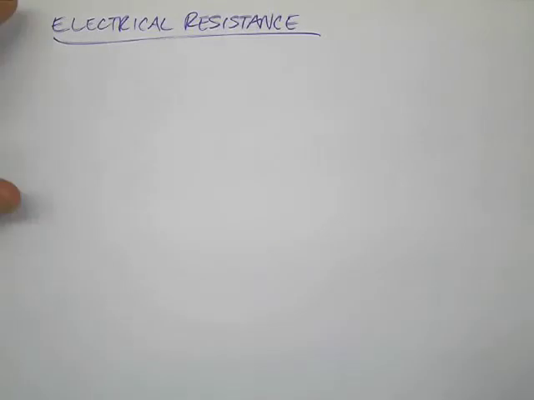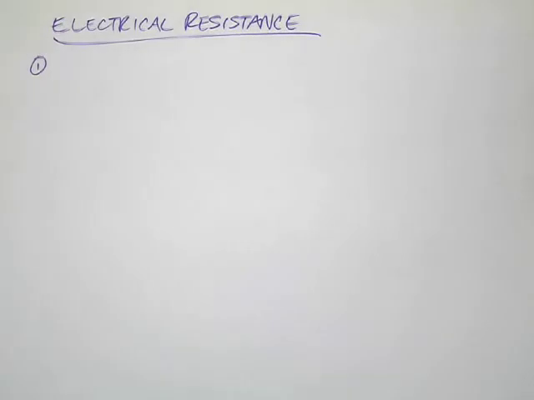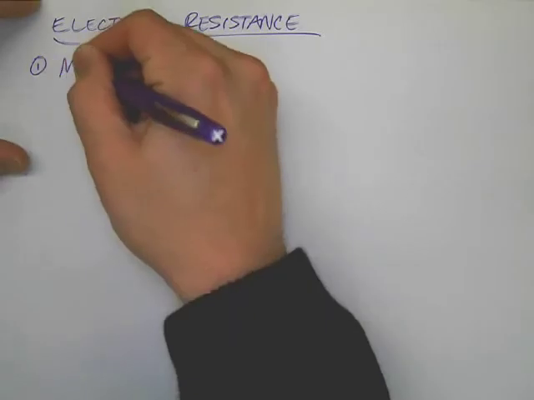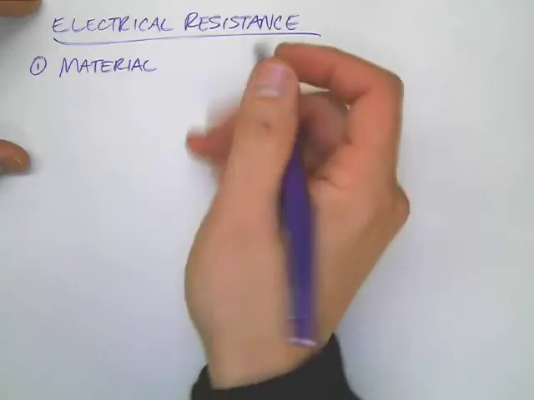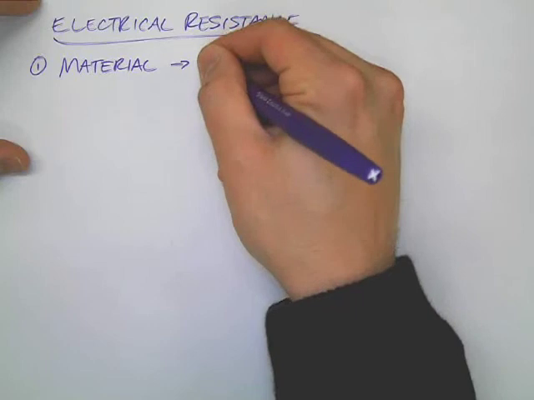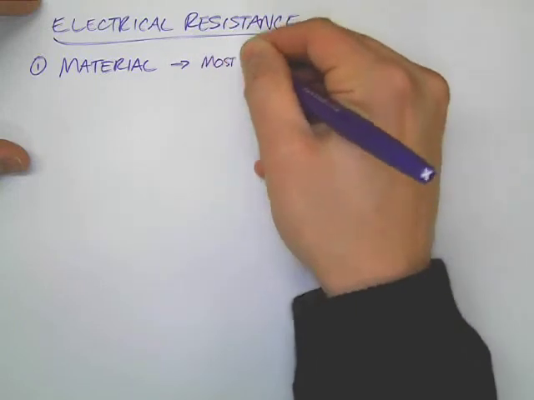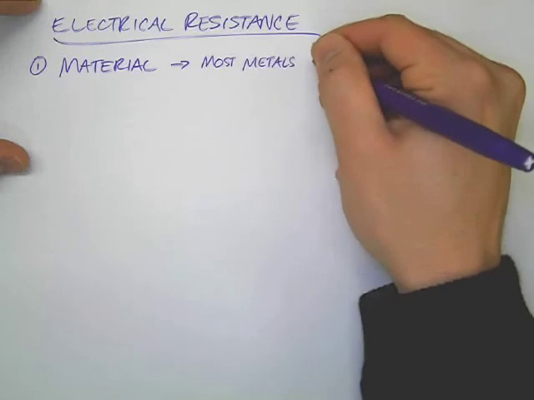Now, one of the things that can affect how well a conductor conducts or how much resistance it has is the material. So, for example, most metals, particularly like copper.